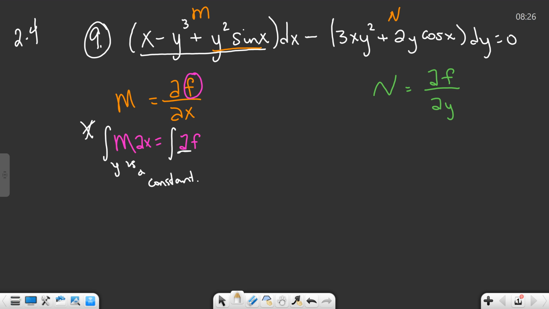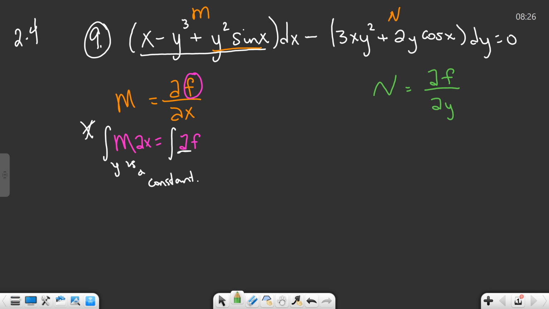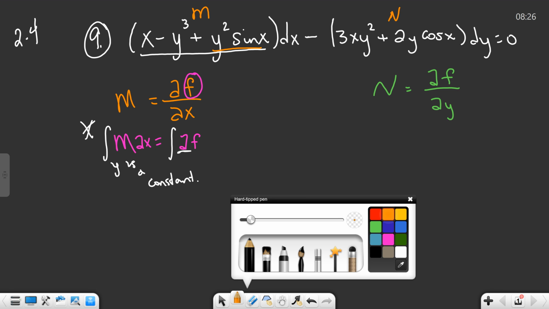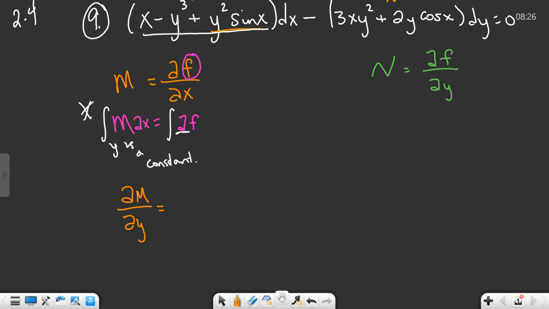So in order to find out if this equation is exact, I'm going to take M right here, and I'm going to find the partial of M with respect to y. In other words, we're going to take the derivative of this thing right here, but we're going to pretend that x is a constant. So if I take the derivative of a constant, then it gives me 0.